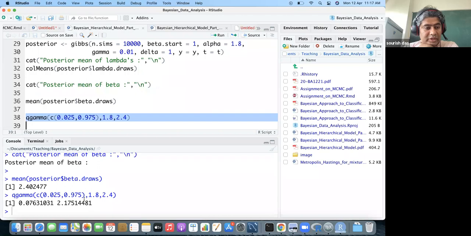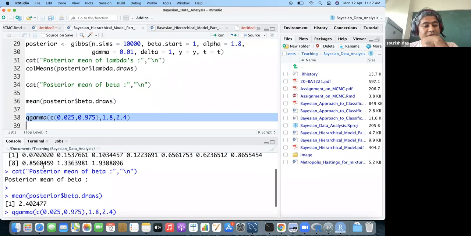So basically, I'm saying that if I believe that these lambdas are coming from a hyper gamma distribution with shape equal to 1.8 and scale equal to 2.4, if this is what we believe, then its 95% confidence interval is this.